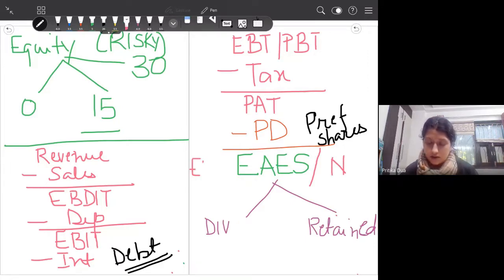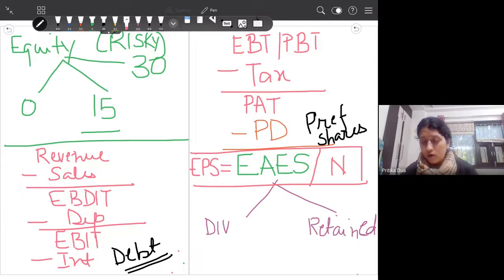This gives you the earning per share. And maximizing this is the objective of profit maximization. So a firm is trying to maximize the EPS, and this is defined as maximizing of profit.